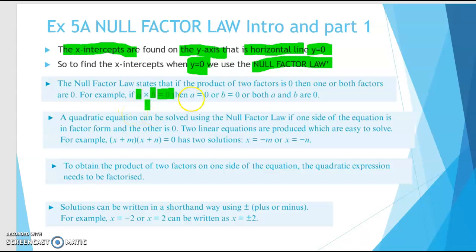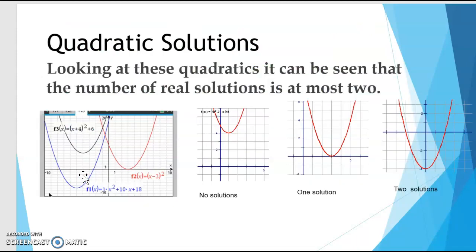For it to be equal to 0, only one of those factors, either A or B, or both, needs to be equal to 0. So that's what we're working on. These notes you're more than welcome to write down in your summary book, but they're straight from the textbook.